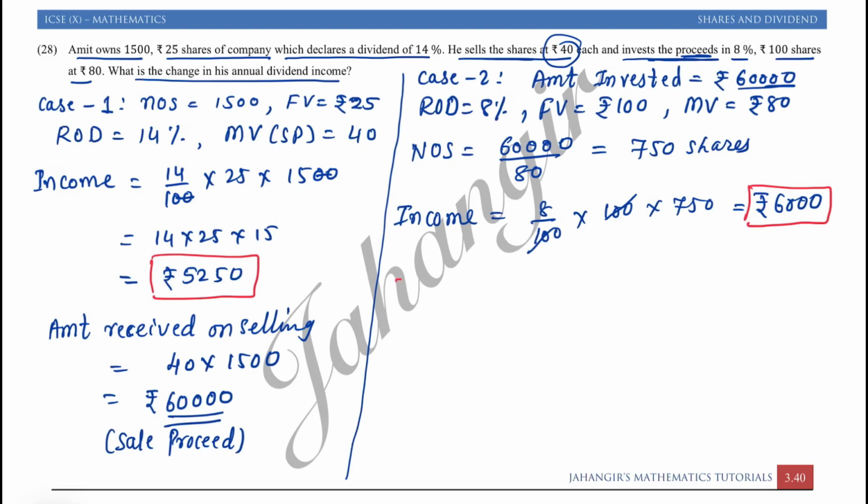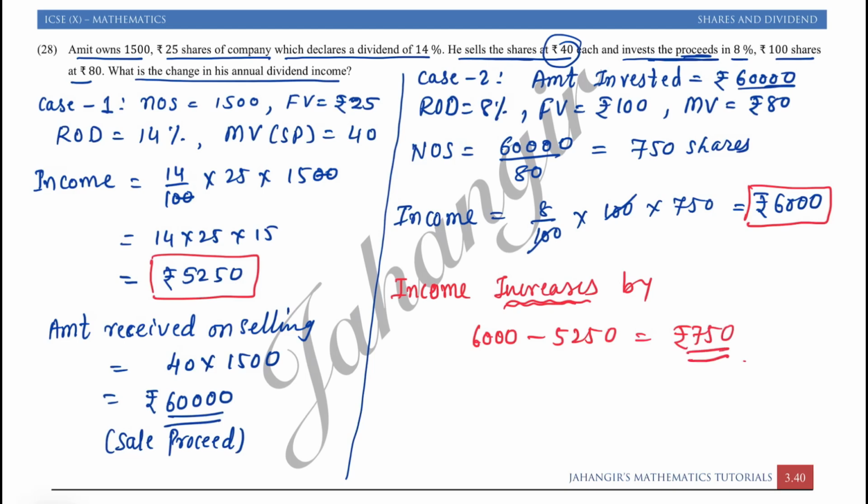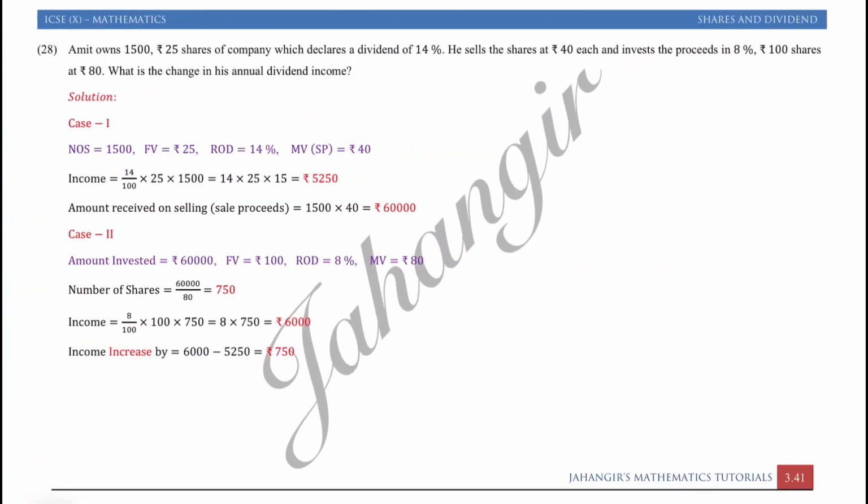So here we can say income increases by, this is the keyword, increase. If you are not writing increase, you are just writing change in income, you will lose your 1 mark. So income increases by 6,000 minus 5250, that is equal to rupees 750. Go through this sum properly, write in the proper format, all steps are important.